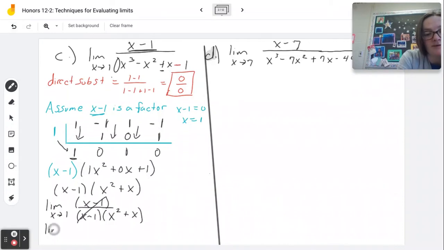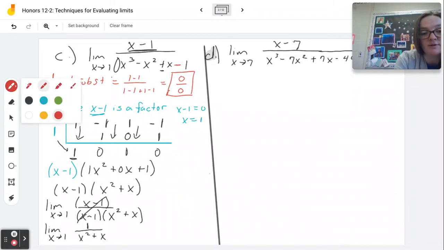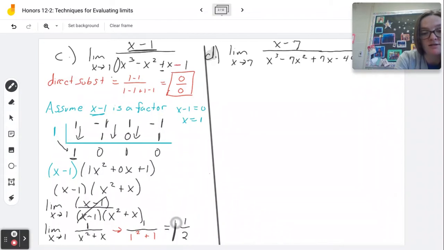And so the new limit is the limit as x approaches 1 of 1, because the same thing divided by the same thing is 1, over what's left in the denominator, which is x squared plus 1. And then all we're going to do is use direct substitution. We're going to end up getting 1 over 1 squared plus 1. And so the official answer to this limit is a half.